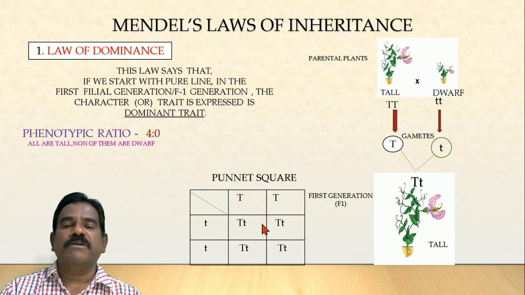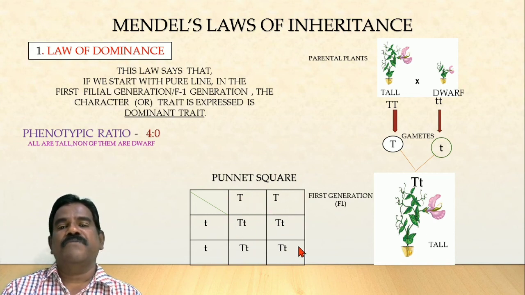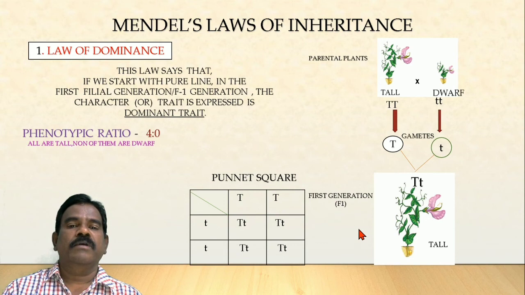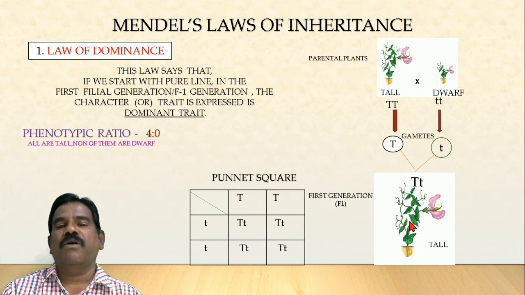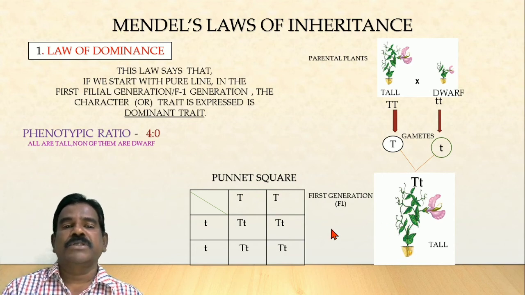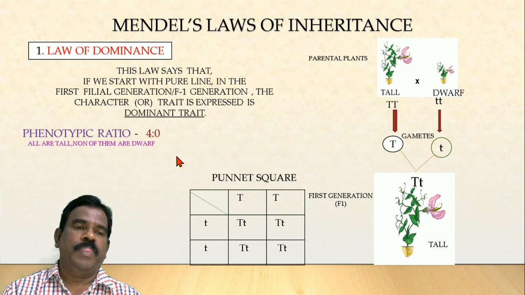If you observe the phenotypes, there are 4 plants produced in the F1 generation. All 4 plants are phenotypically similar, that is, all are tall plants. None of them is a dwarf plant. So the phenotypic ratio is 4:0.